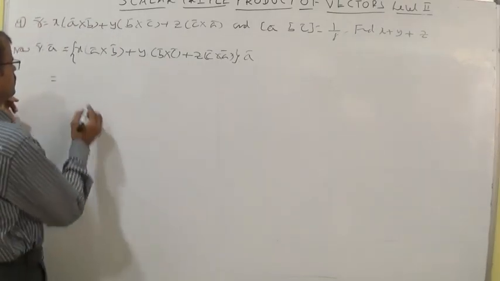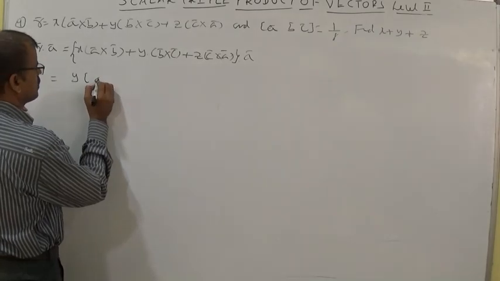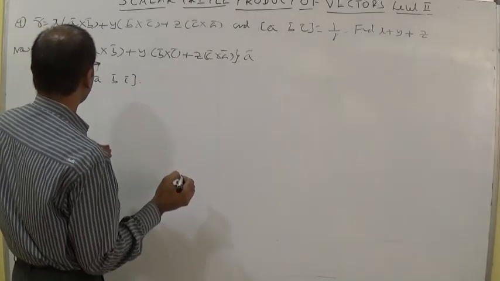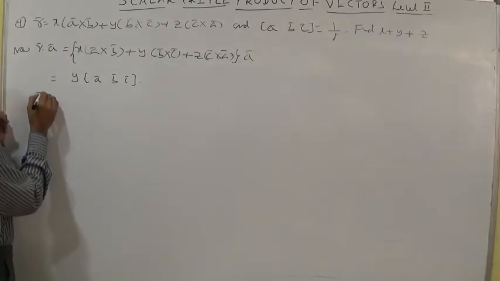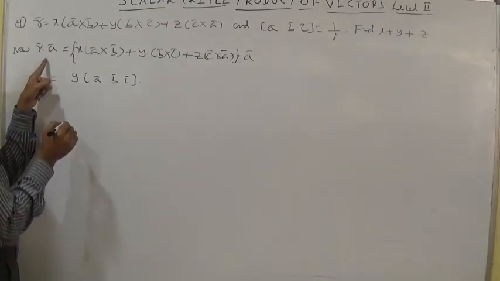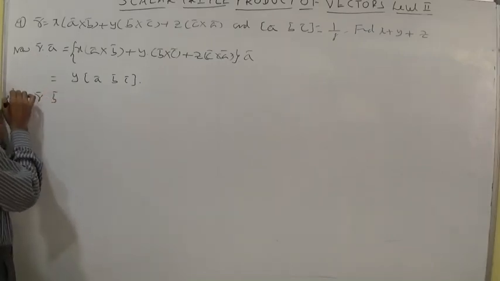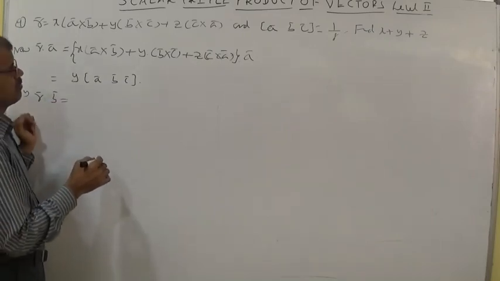Here B C A you can write as box ABC. So R bar dot A bar is equal to Y into box ABC, we got. R bar dot A bar, so A is the first letter, Y we got. Similarly, we may get R bar dot B bar.